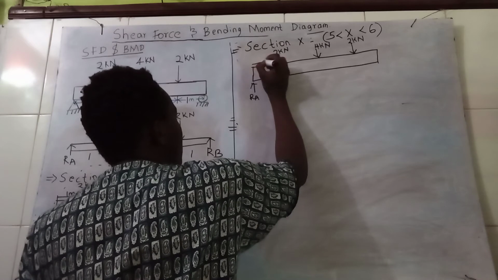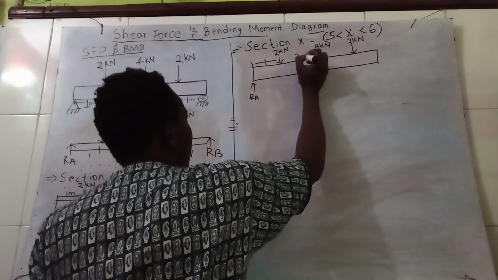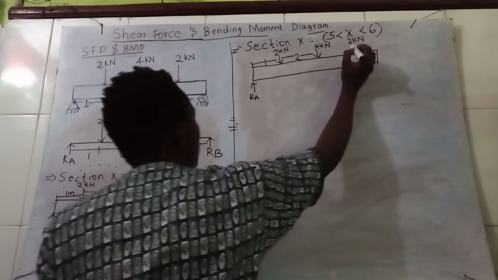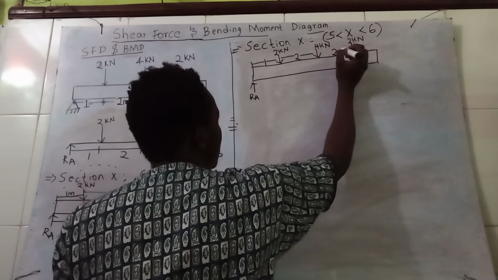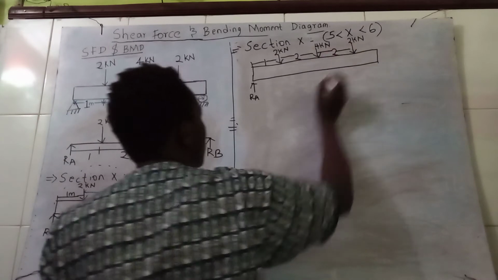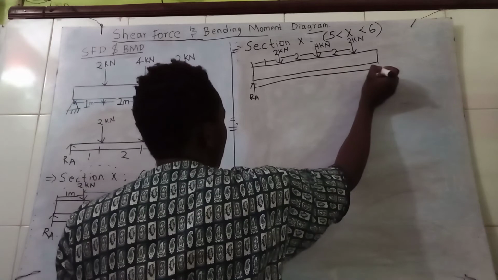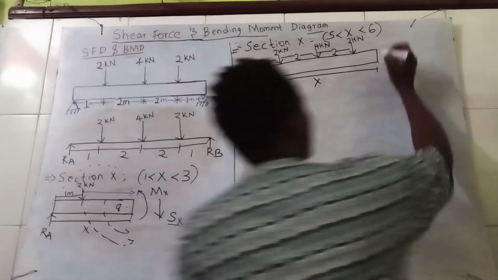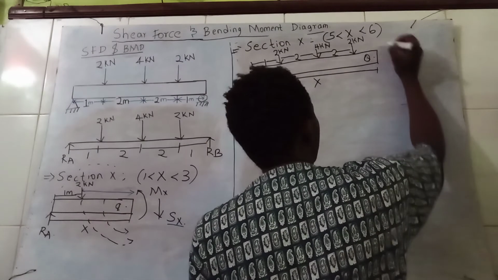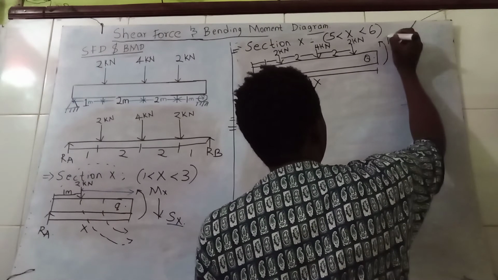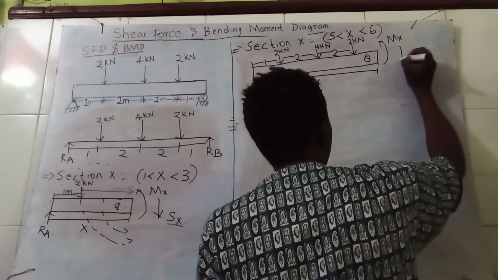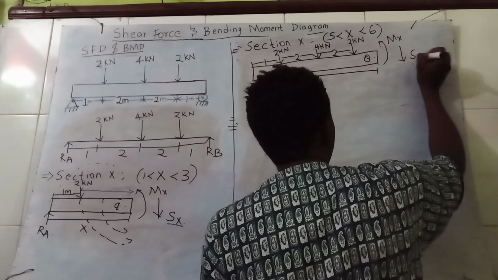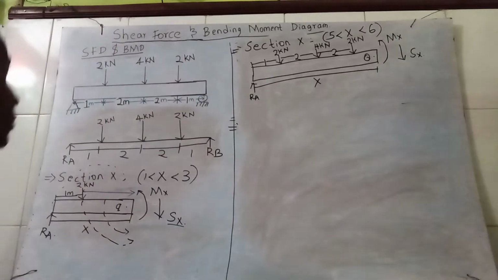So that is the distance 1, the distance 2, another distance of 2, then this whole distance x. So inside my point Q, moment M of x, and shear force Sx.